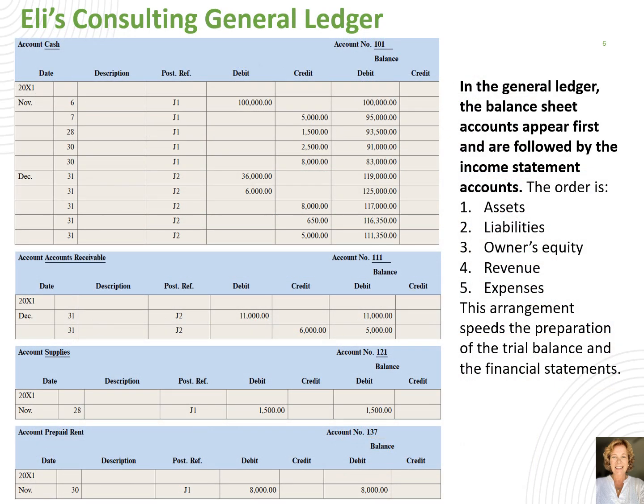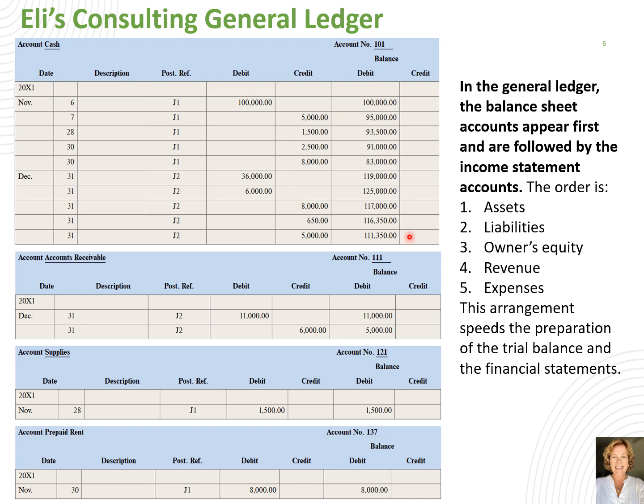What we have here is Eli's Consulting General Ledger. And we can quickly see in each account what we've recorded, the date and amount, and the balance in the account. Our bank account had 10 transactions, and the bank balance is $111,350.